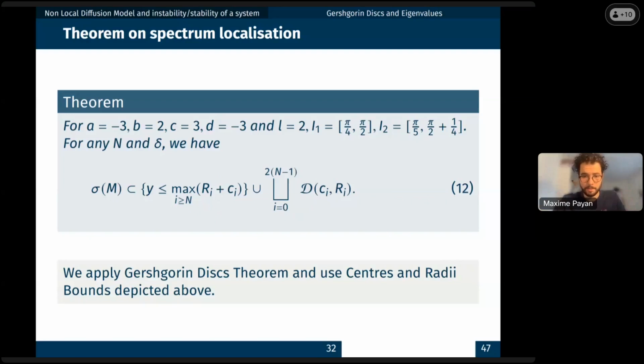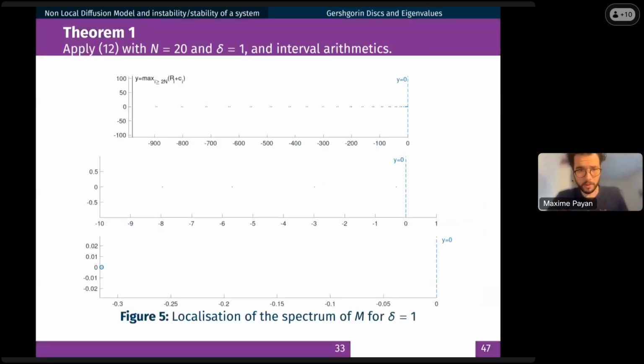I illustrate it just here. So here I apply exactly this theorem, and what we get is little disks.